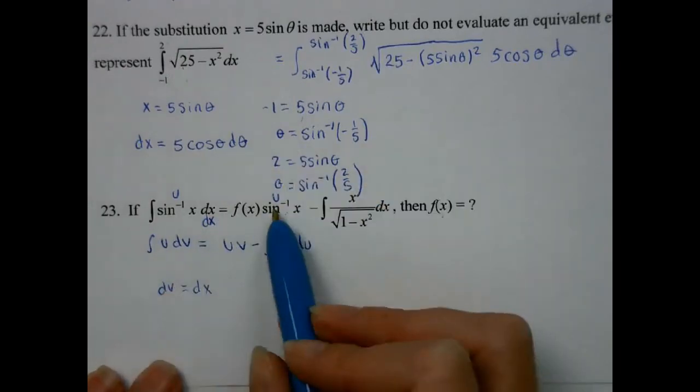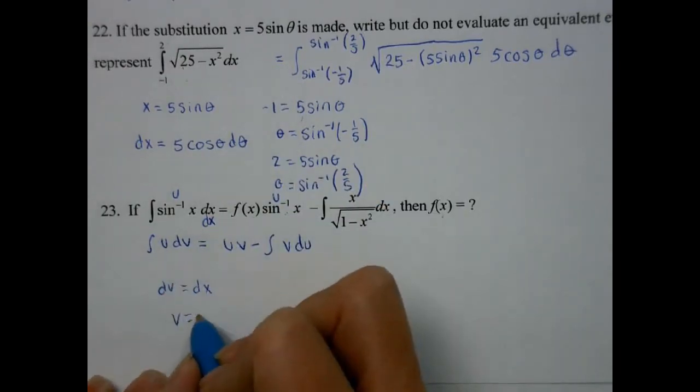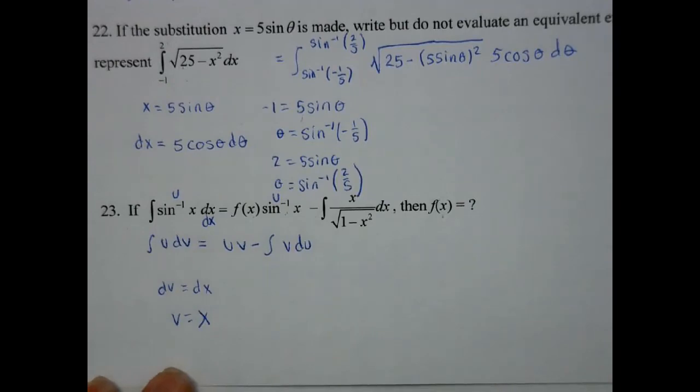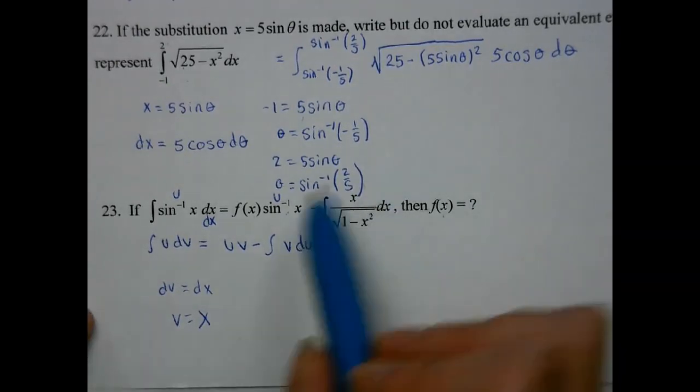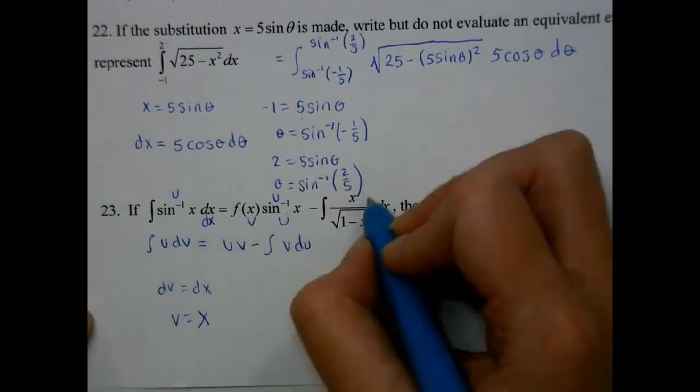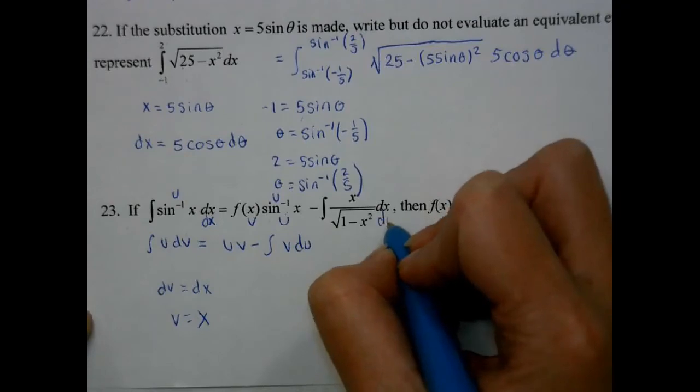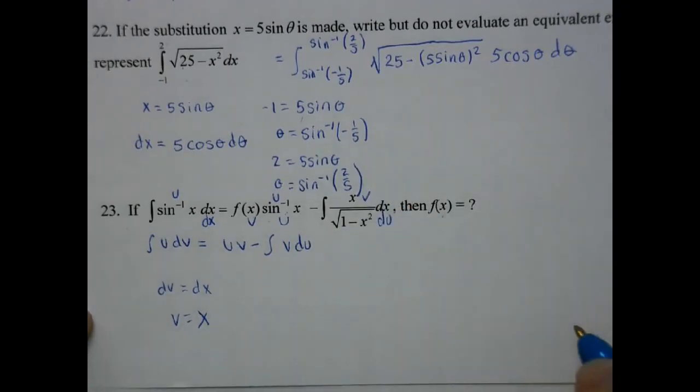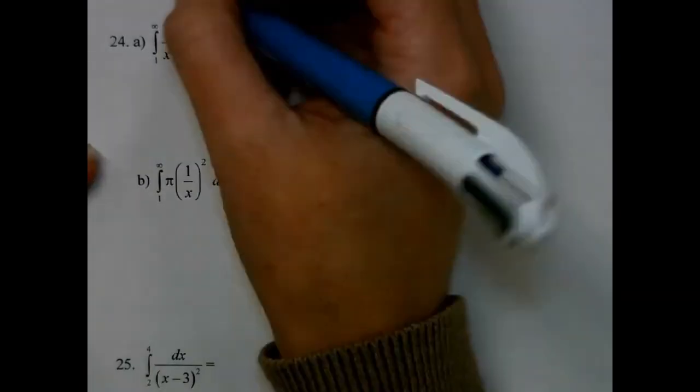Okay, which means v is x. Which makes sense if we look at it, because here's my u, here's my v, here's my du, there's my v. Okay, then improper integrals. We use limits.